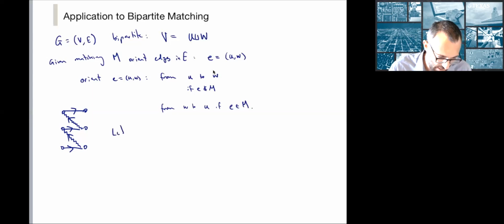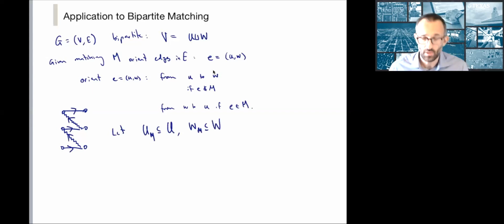So let UM be a subset of U and WM be a subset of W. These are subsets of nodes. Let this be the set of nodes that are not covered by the matching.